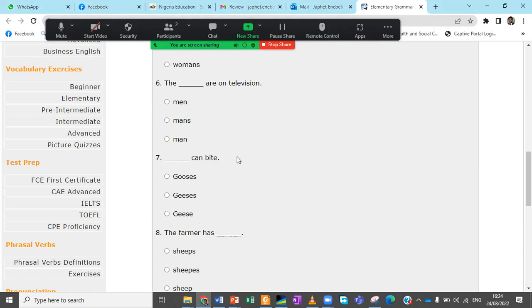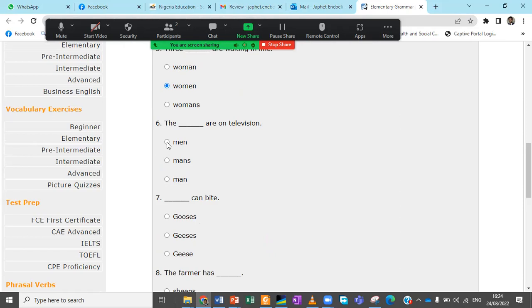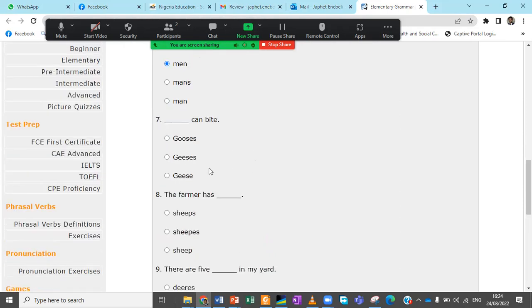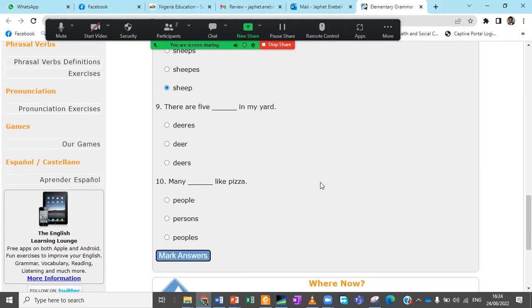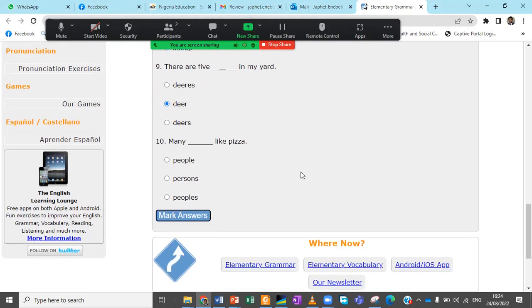The men, the geese, the farmer has sheep. There are 5 deer. Actually, no, normal deer, sorry.